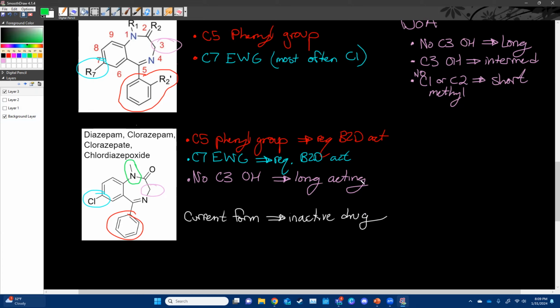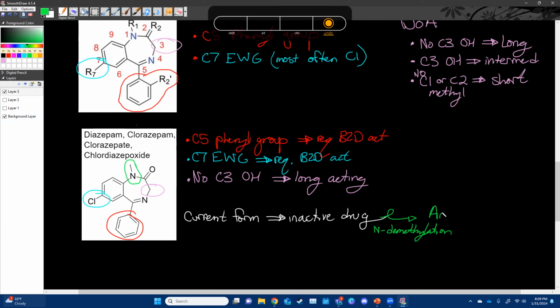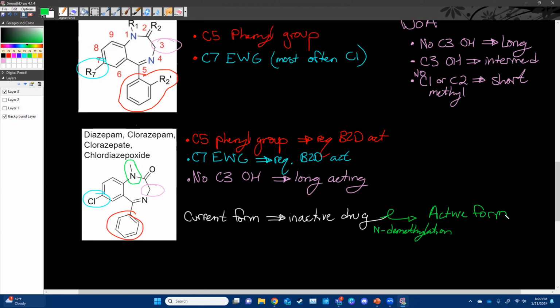What needs to happen is for it to undergo N-demethylation. So we actually need this methyl group to be removed in order to get our active form. So drugs like diazepam and clorazepam are prodrugs. They need to be metabolized in order to become active.